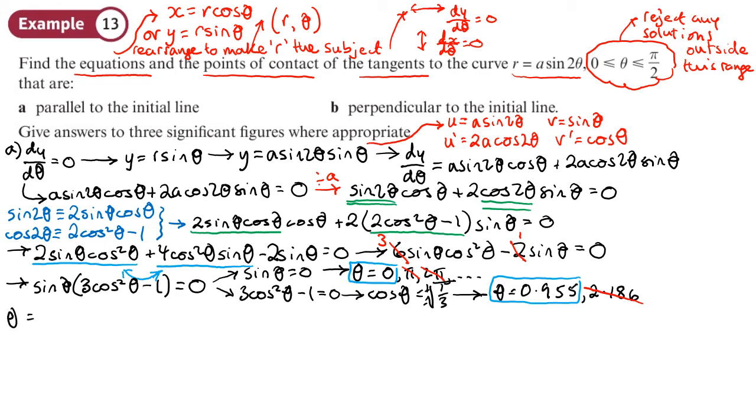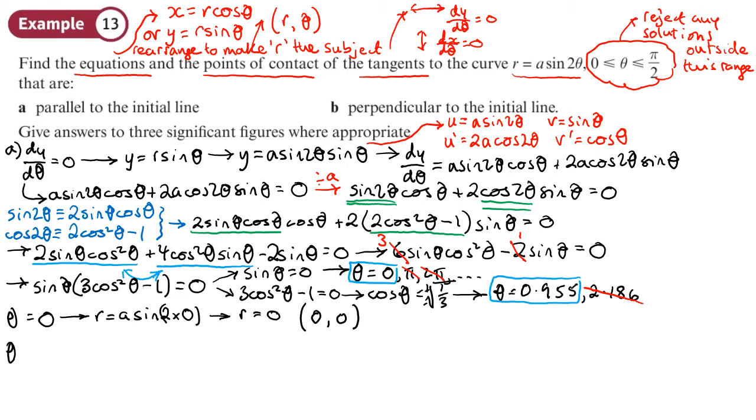When theta is 0, and that gets plugged into the equation, we're going to have r equals a sine 2 times 0, because theta is 0. So that will give us r equals 0. So that point of contact is going to be the point 0, 0: r equals 0, theta equals 0.